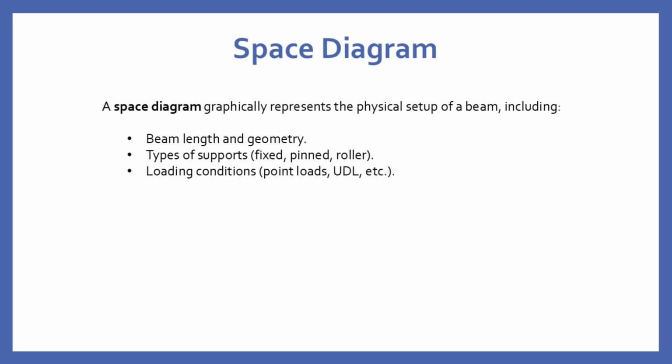This includes showing the beam's exact length, identifying support types, whether they're fixed, pinned, or on rollers, and marking all loads acting on the beam. A well-drawn space diagram is like having a clear roadmap. It helps prevent errors and makes our analysis much more straightforward. Remember, in engineering, clarity in representation leads to accuracy in calculation.